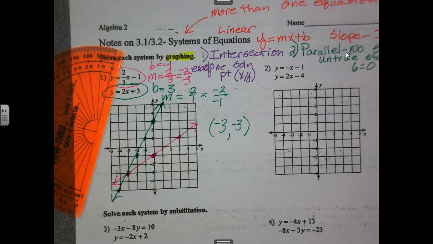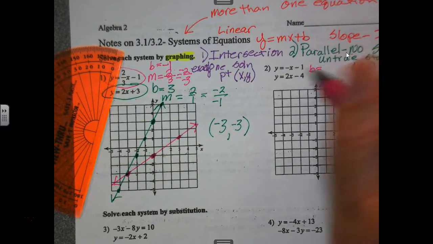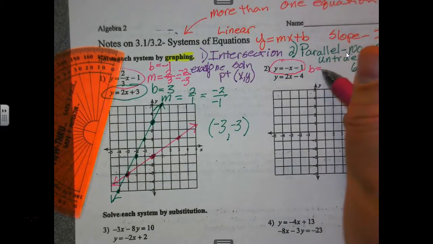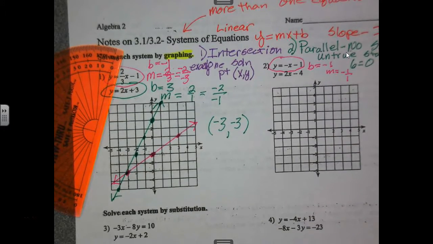What about number 2? Graphic. Good. The b is -1. That's the top one. And my slope is -1 over 1, or 1 over -1.